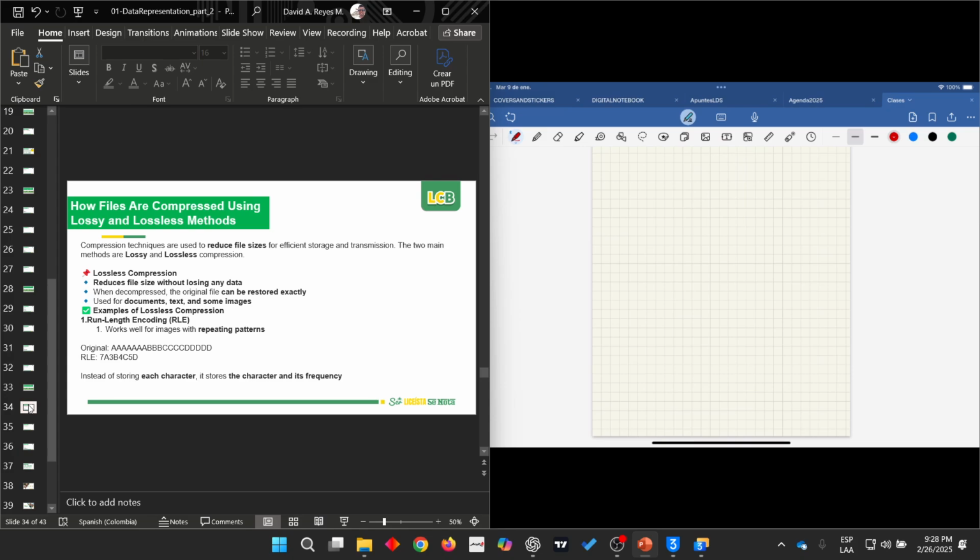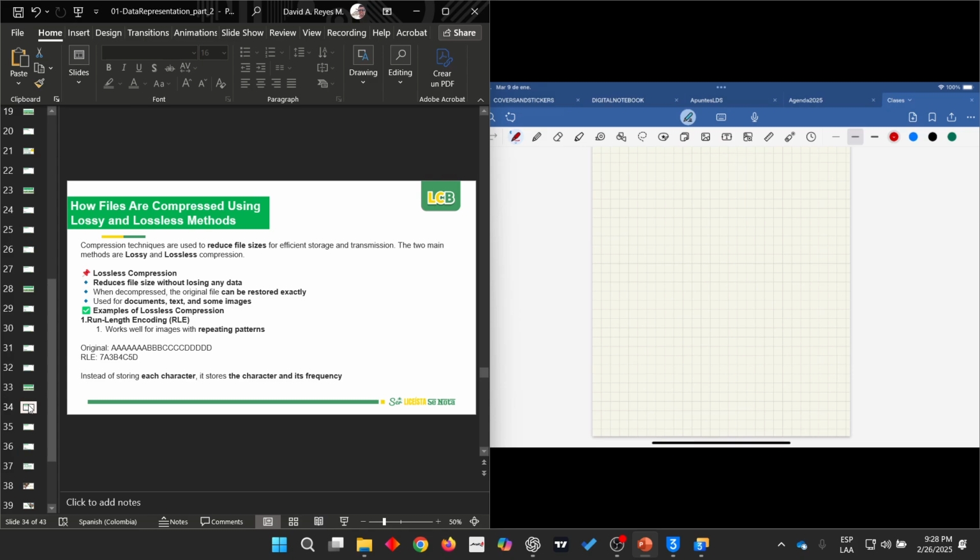This method is called run length encoding. What does that mean? If you have a repeated pattern in the files that you are sending, the algorithm is not going to delete the repeated things, but is going to hide them.